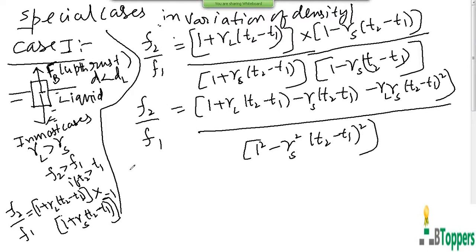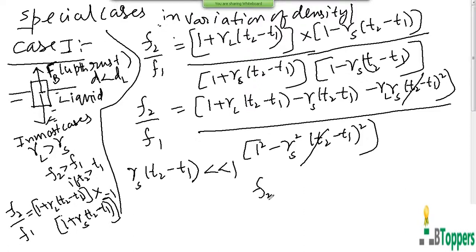So the product gamma for solid into T2 minus T1 in practice will be much less than 1. And the product of the two, gamma for liquid and gamma for solid, will also be very small compared to the other terms. So this term can be neglected in the numerator, and this term can be neglected in the denominator.